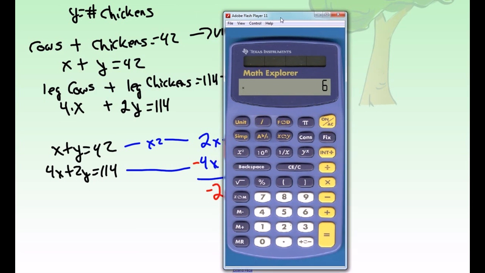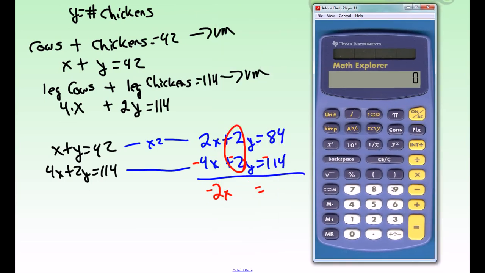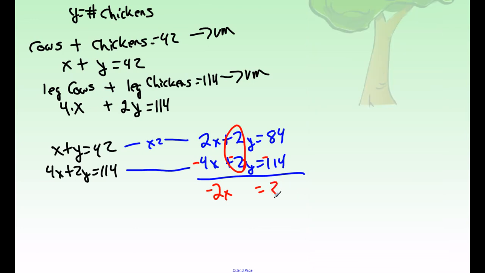84 minus 114, I don't know off the top of my head, so I'm going to check it. Minus 84. That's the kind of problem you don't want to make a silly little mistake and think you know it off the top of your head, and you try it quickly and you're off by 10. Maybe you put 20, because that's really going to ruin the problem. Divide by negative 2, divide by negative 2, x equals negative 15.